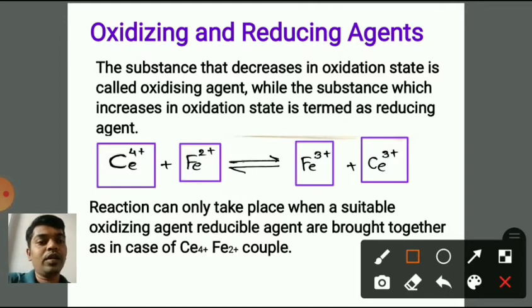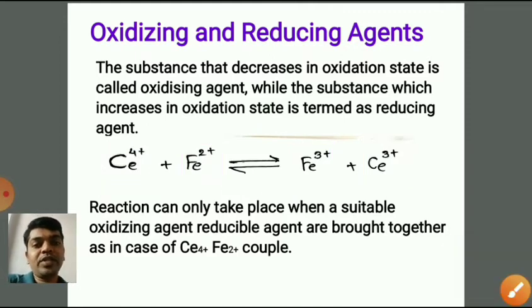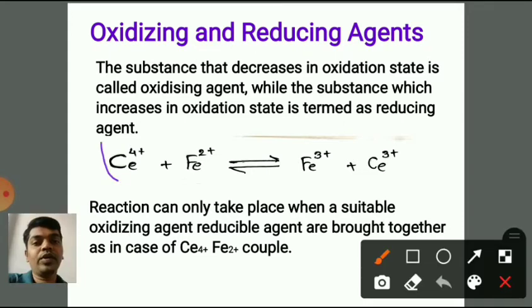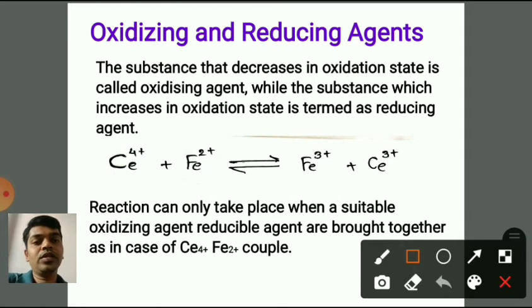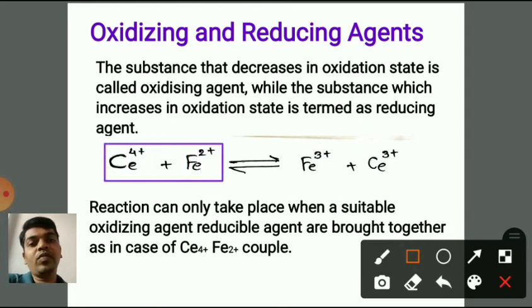Okay, now the reaction can take place only when a suitable oxidizing agent and a suitable reducing agent are brought together, as in the above example. Here cerium 4 plus and Fe2 plus are called redox couples.